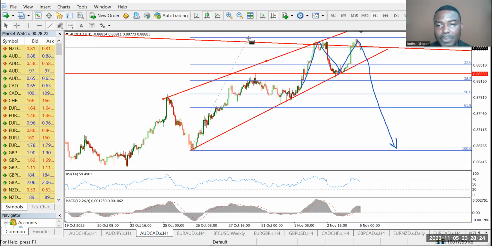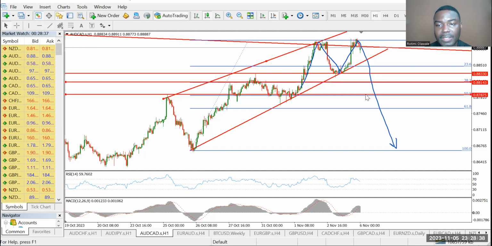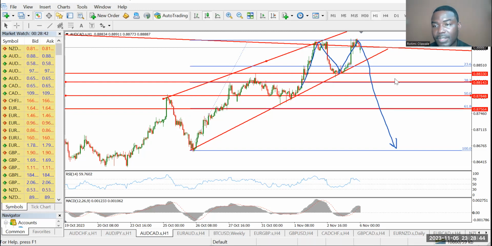And again, the profit potential on this could be in the range of Fibonacci 23.6, Fibonacci 50, and Fibonacci 87564.